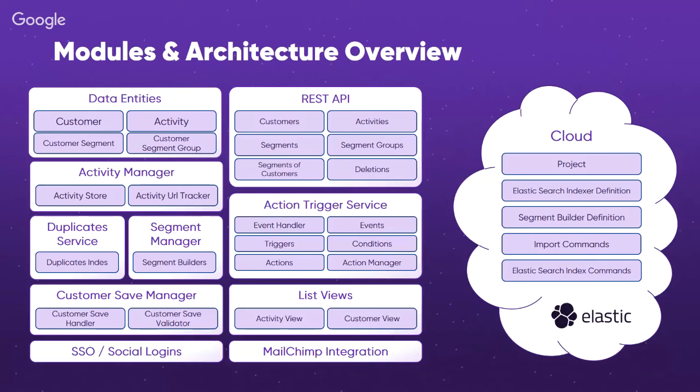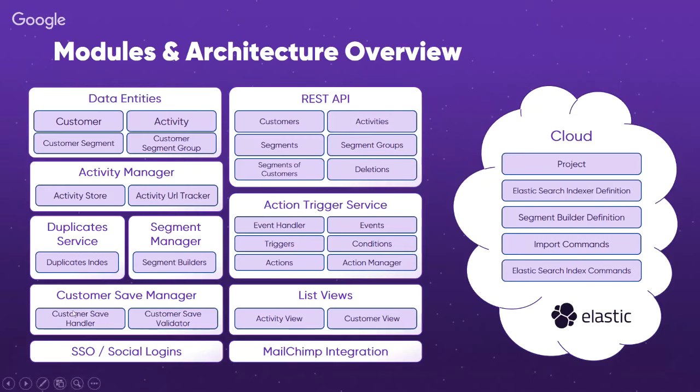So we had the data entities with customers, with activities, with customer segments and customer segment groups. We had the activity manager. Somehow indirectly, this activity manager is just responsible for storing all this activity information and dealing with lots of data.